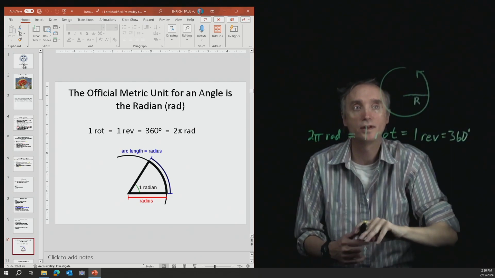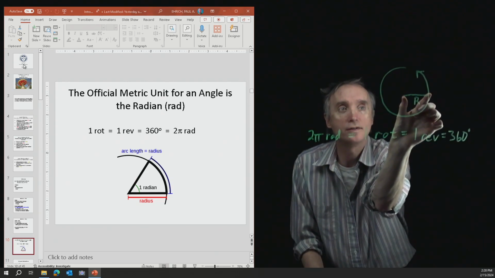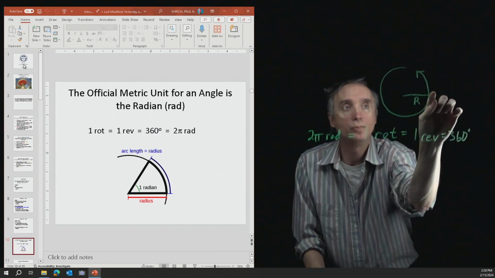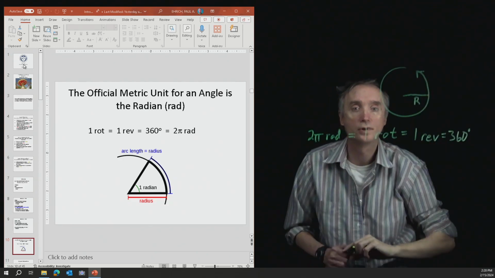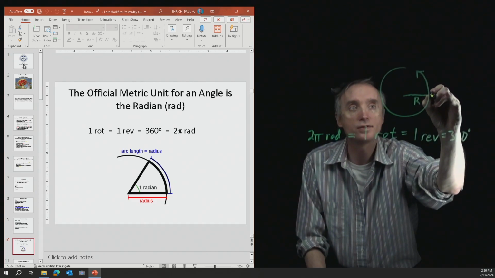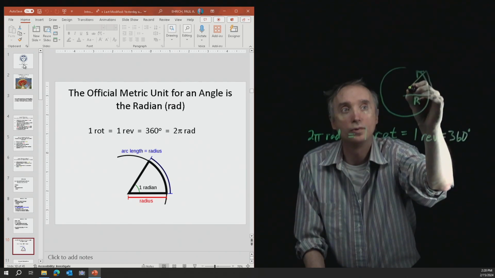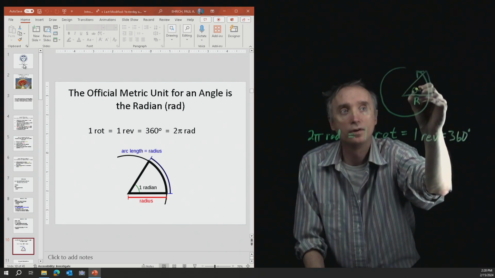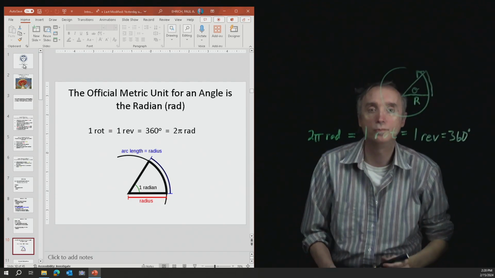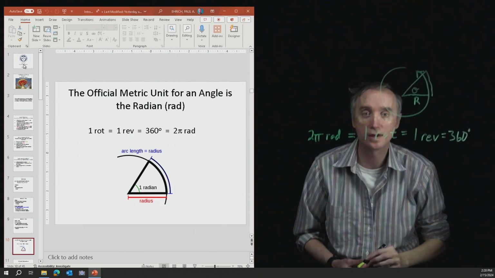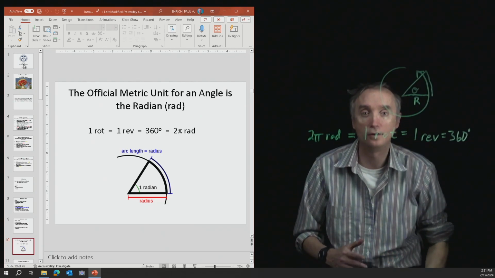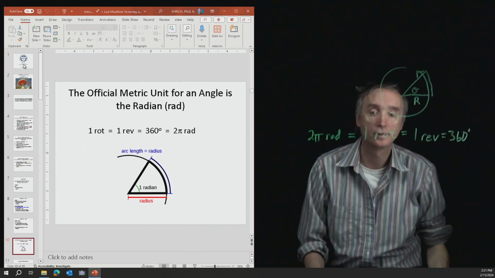So imagine that you are able to take that distance and then put it on the wheel here. Okay, so that distance is the same as this distance right here. Well, then this angle right there, that would be 1 radian. So that's the definition of a radian.